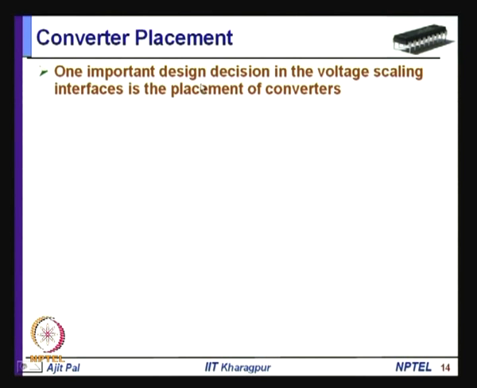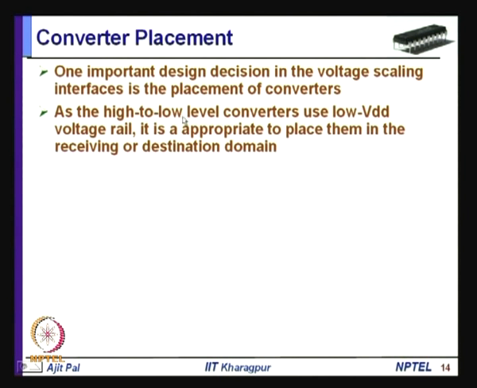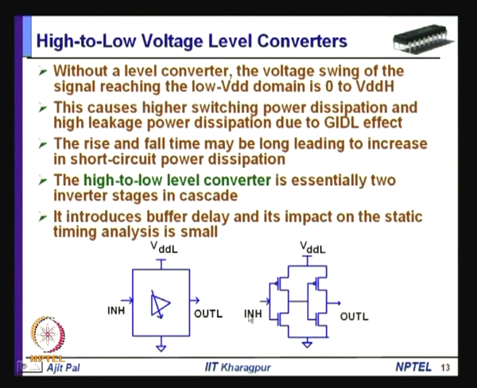This is a very important design decision in the voltage scaling interface: the placement of the level converter. Where do you place it? As the high to low level converters use the low VDD voltage rail, it is appropriate to place them in the receiving or destination domain. We have seen that this particular level converter requires only the low voltage domain supply VDD L. So, it is more logical.